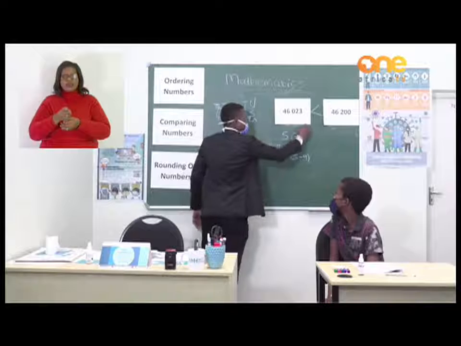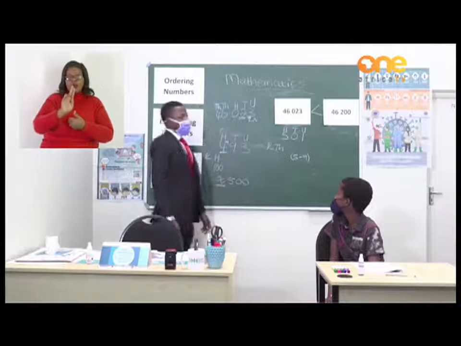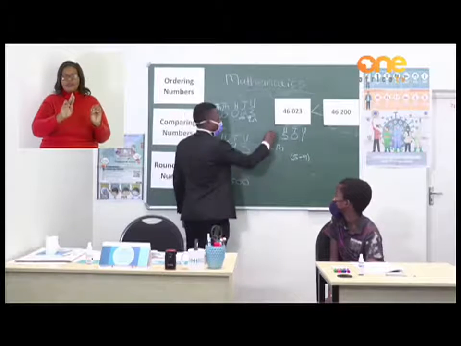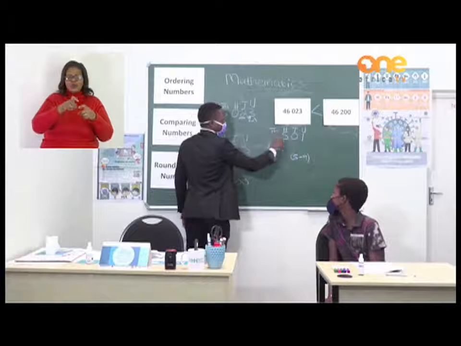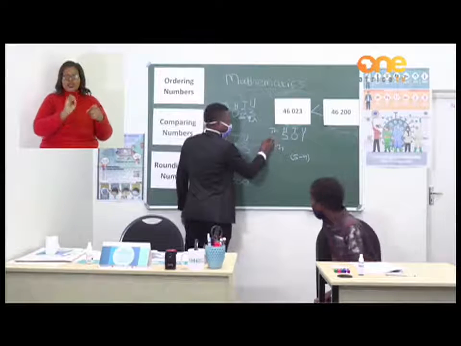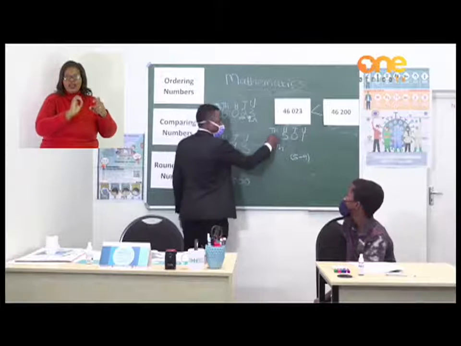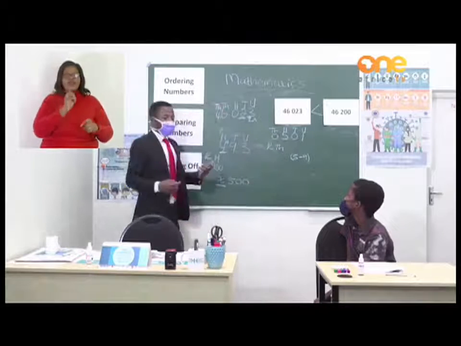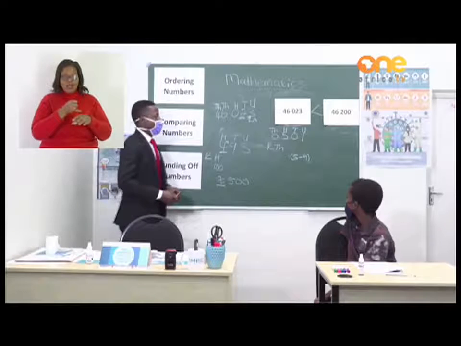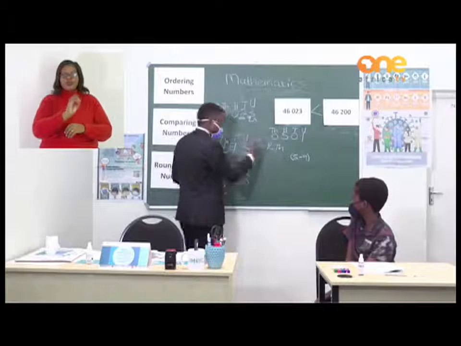Remember, we have a unit, we have a 10, we have 100. But we are asked to round off to the nearest 1,000. There is no number. When there is no number, we know that there is also a 0 there. 0 is nothing, 0 is a placeholder, so let's imagine there is 0.